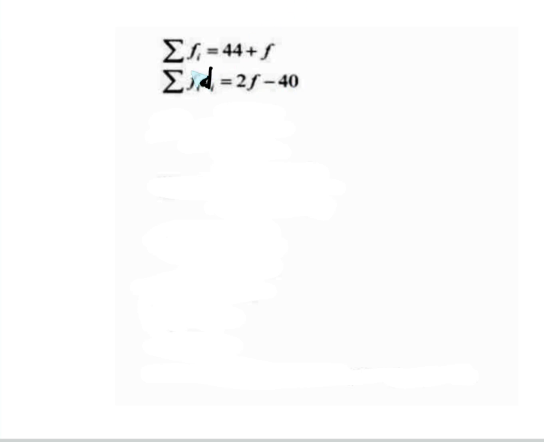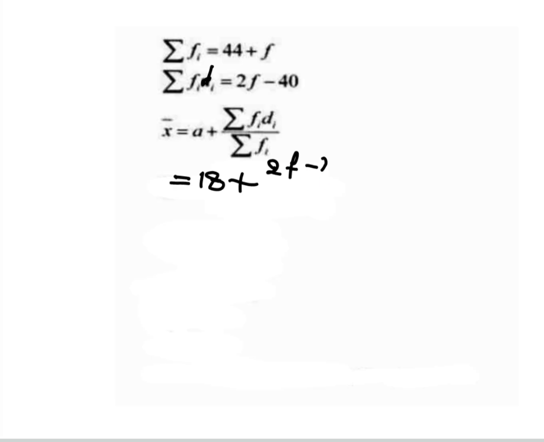And the formula to find the mean by the step deviation method, with assumed mean, is x bar equals a plus sigma fi di by sigma fi. Here a is the assumed mean, we took a equal to 18, plus sigma fi di is 2f minus 40, by sigma fi is 44 plus f.